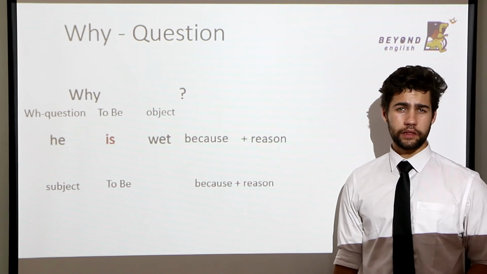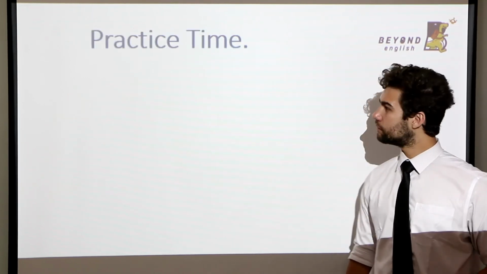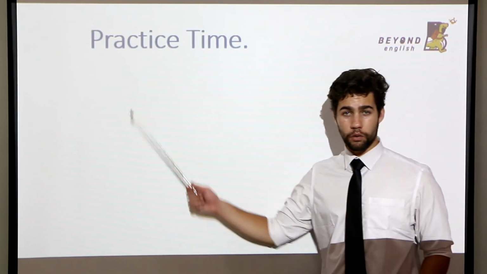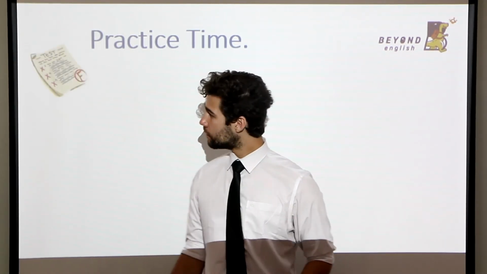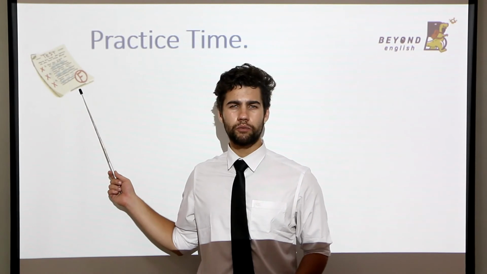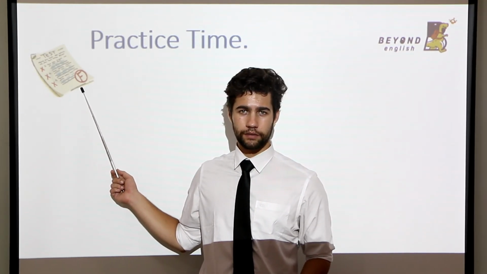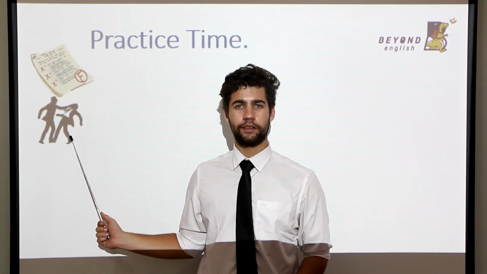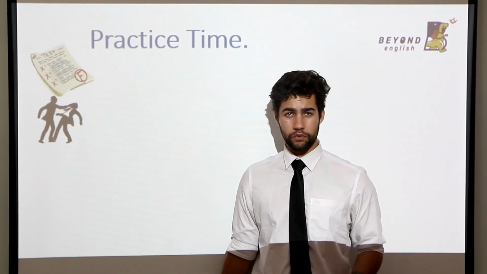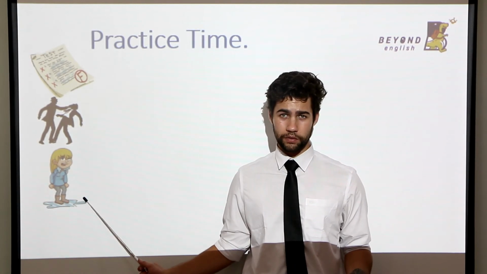Now, let's look at our practice time. So, we have some words over here. Let's go through them together. First, we have the word failed. Over here, fight. And last, we have the word raincoat.